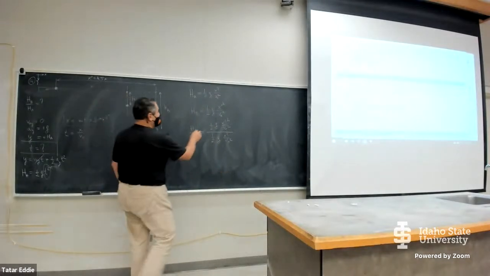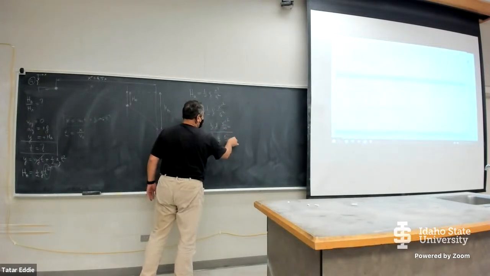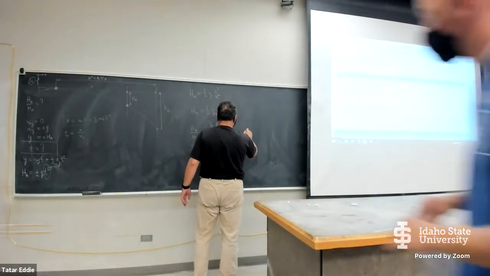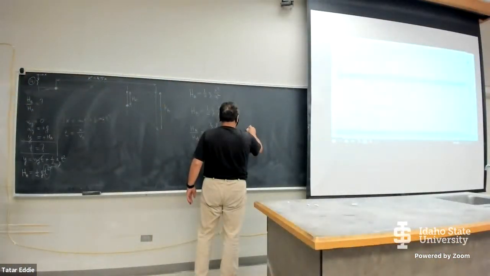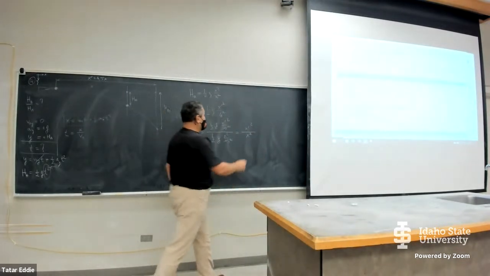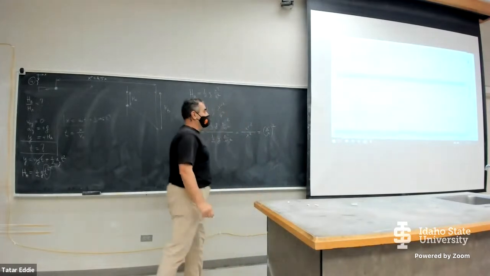And everything is going to cancel out, g naught squared with g naught squared. And you're going to get that this ratio is equal to x prime squared divided by x squared. In other words, it is going to be x prime divided by x, everything squared.